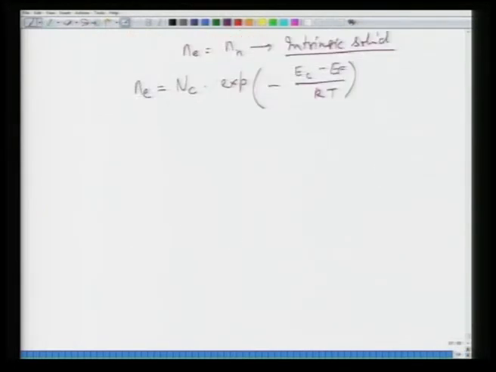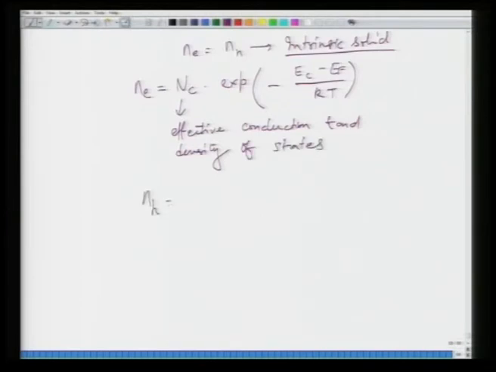So NC is the effective conduction band density of states, and similarly NH is given as NV into exponential of minus of EF minus EV divided by KT.